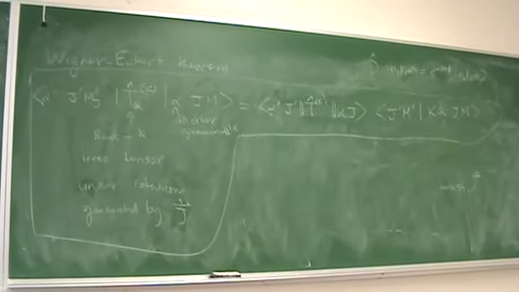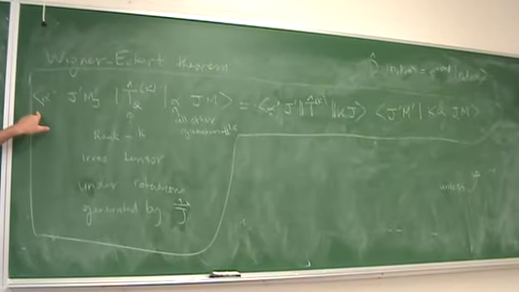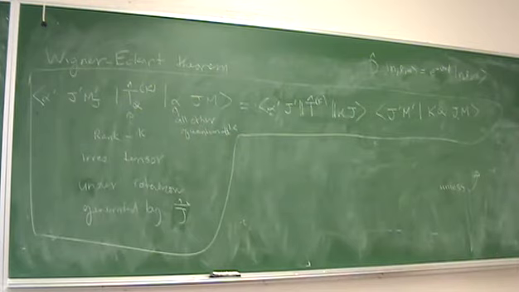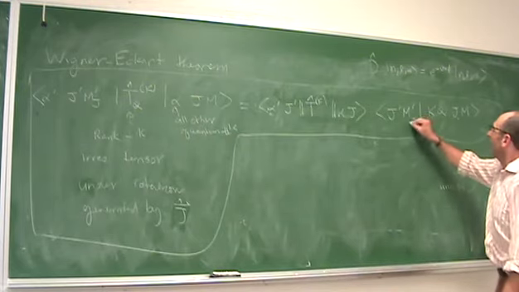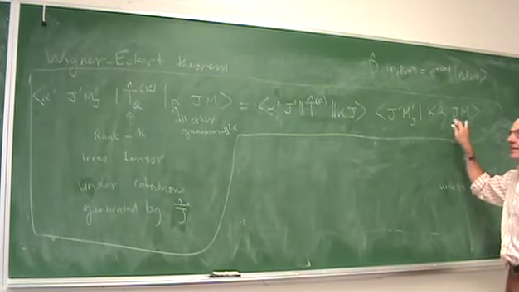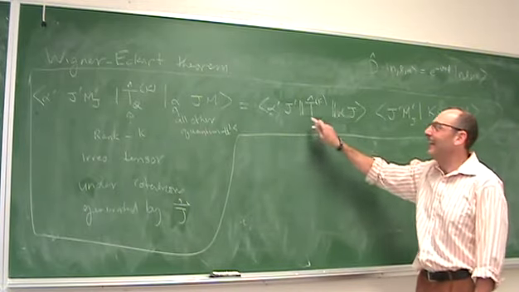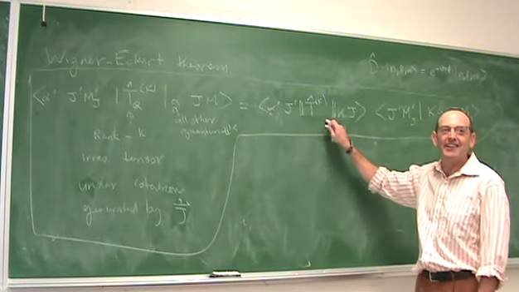What does this say? This matrix element is proportional to a Clebsch-Gordan coefficient. The only dependence on Q and the M's is here. Everything else is the leftover piece. And it has this funny double bar notation.